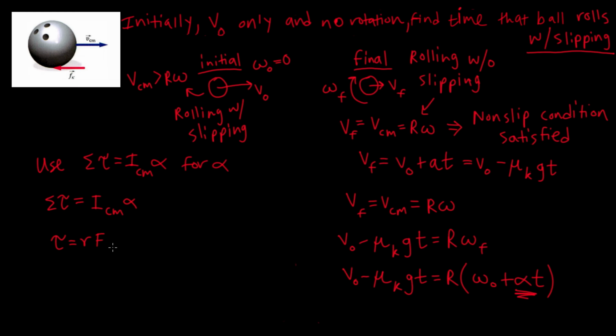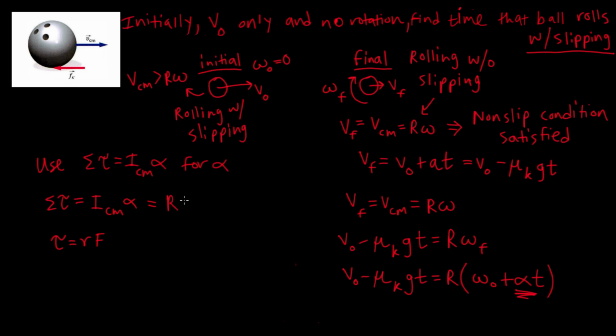So torque is equal to r times F. The variable r in this case is just the radius r, and the force F is equal to whatever force is causing the torque.